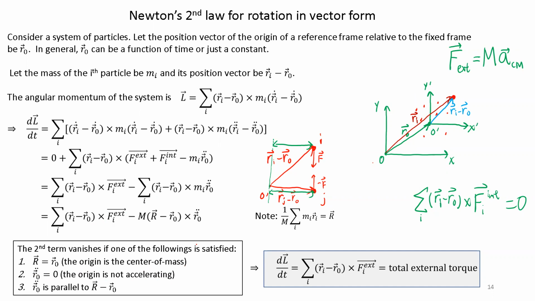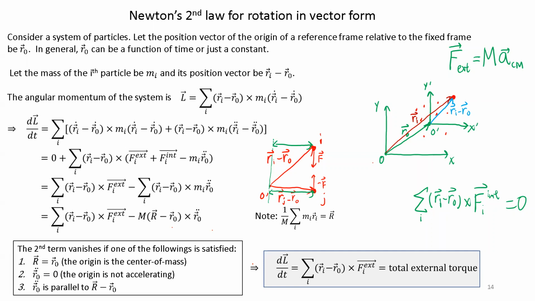So one thing you need to be very careful about is that when we use an accelerating coordinate system, like what we did in chapter 6, that means you are not satisfying condition 2.